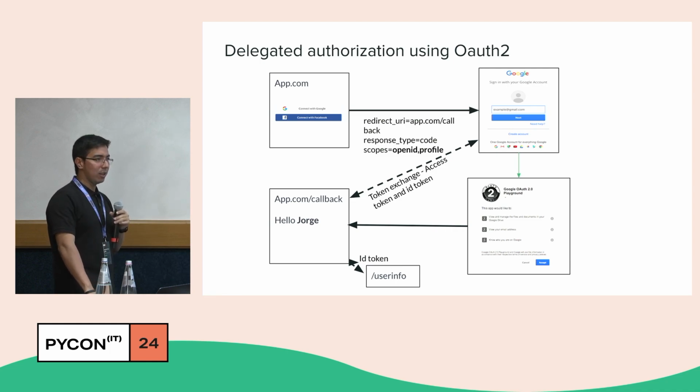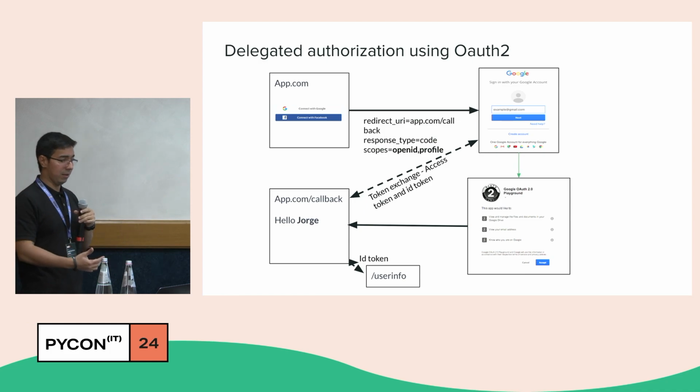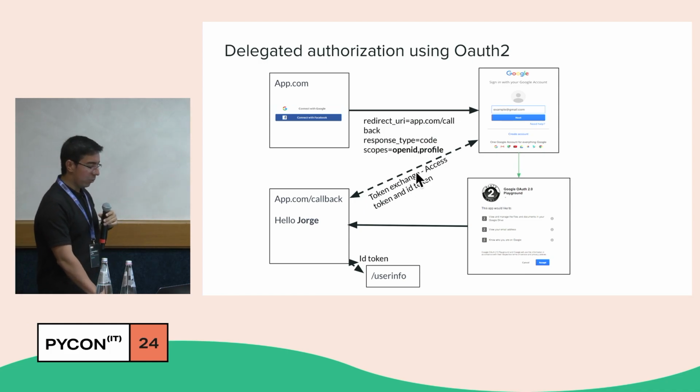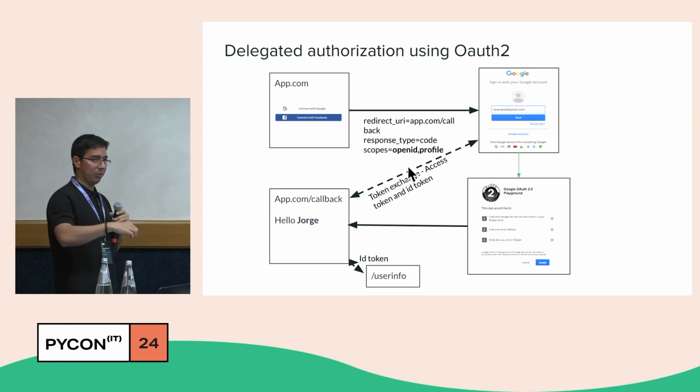That ID token usually comes as a JWT, JSON Web Token, and it has the user information encoded. You can get the user profile, name, age, ID, depending on how the implementation of OpenID is within the server.